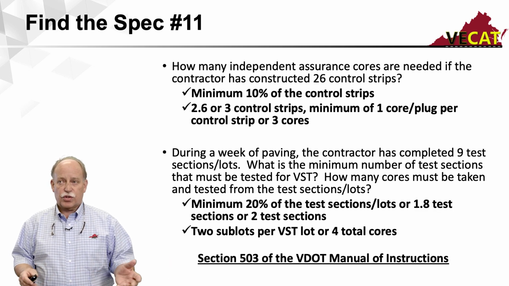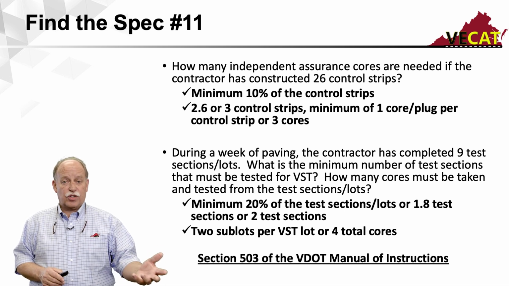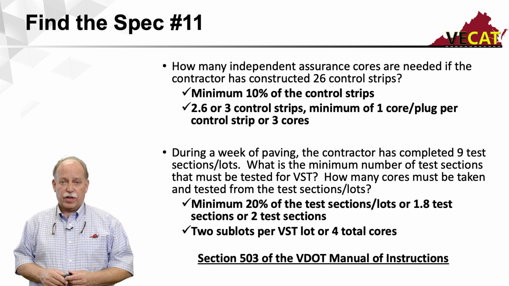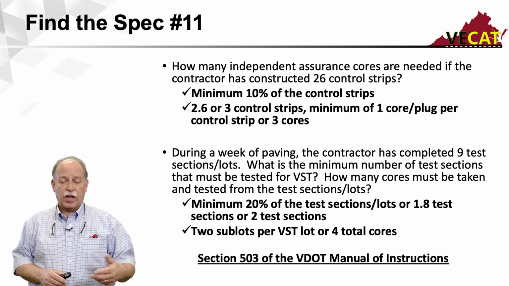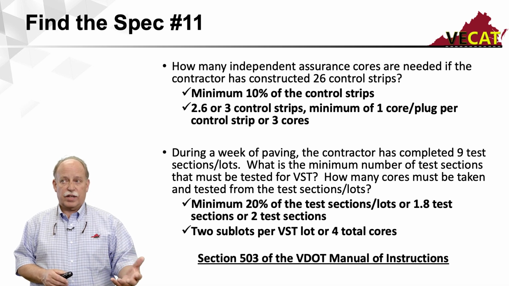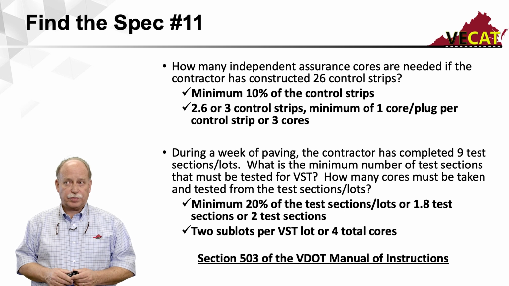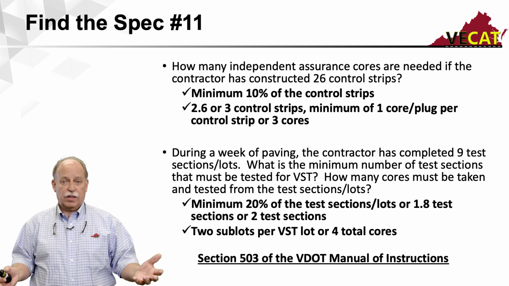You search through our specifications, and you'll see that in accordance with the manual of instructions in this case, and you have a copy of that in your specifications book, section 503 of the VDOT manual of instructions says that you have to have a minimum of 10% of those control strips. You've got to take cores from a minimum of 10%. What did we say? We had 26 of those, right?